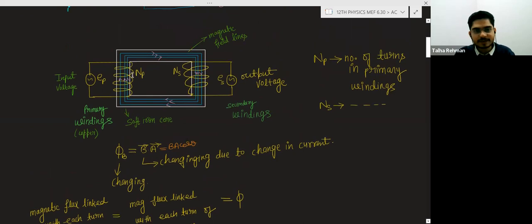See, this is one coil. Take any one coil, this circular coil.